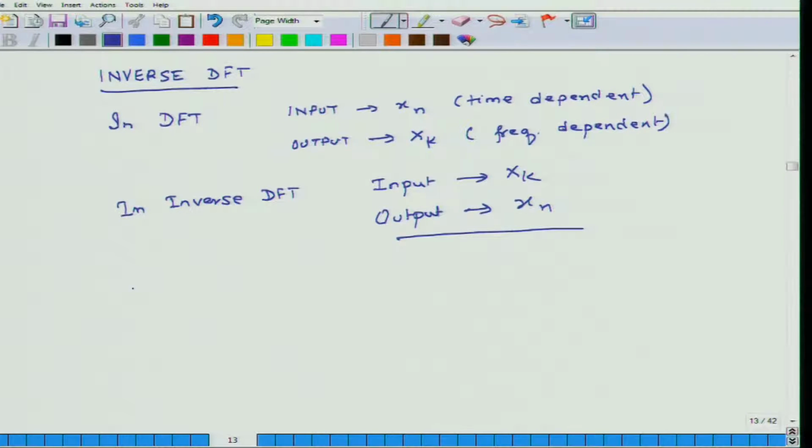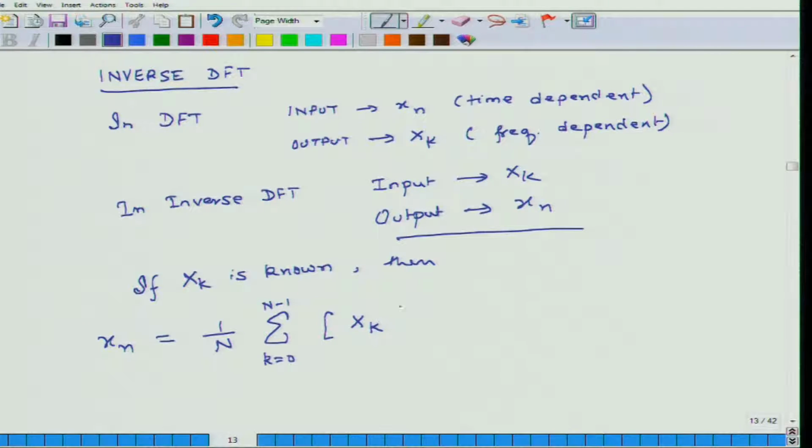And how do we do that? If X_k is known, then x_n equals 1 over capital N, and this time I will be adding up on the index k, because I have X_k's, X_k e to the power of i 2 pi n k over N. So the formula is pretty much the same, except instead of minus i you put plus i, and instead of adding on the index of n, you here are adding over k.